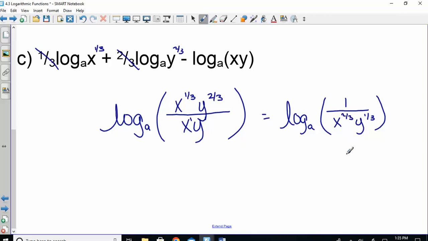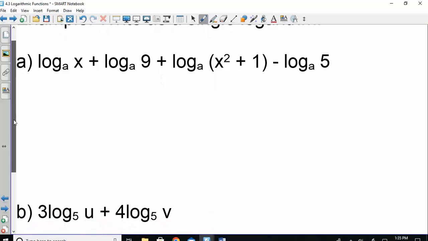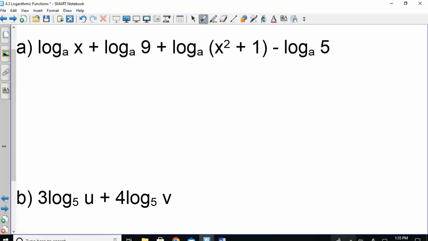Any issues with those? You guys do a couple. Just condense these for me. So the first one, you should have log base a of x times 9 times the x squared plus 1, or you could write 9x times x squared plus 1, divided by 5.